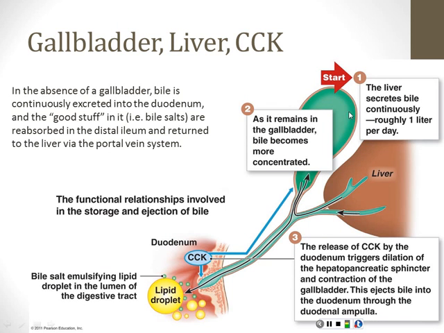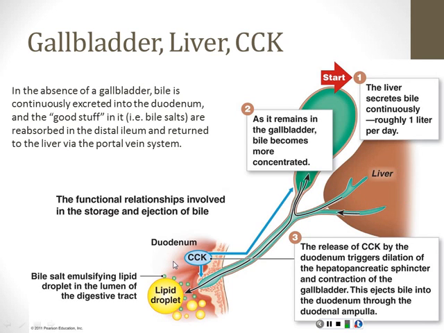All right, so what happens when you don't have a gallbladder? Well, essentially, there is no storage, because there's no place to store it. The liver still makes bile all the time, but in the absence of a gallbladder, this sphincter is kind of always open, at least a little. So the bile is basically being made and deposited into the duodenum all the time.